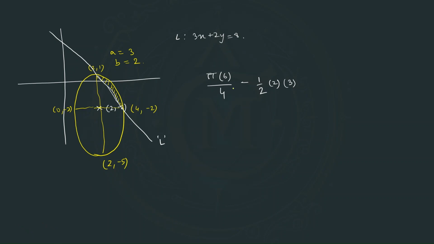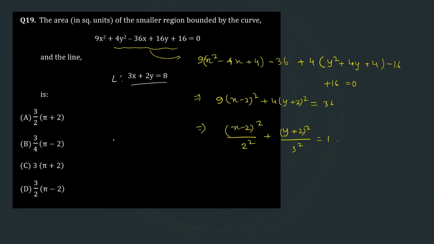So 3 pi by 2 minus 3. So this will be 3/2 times pi minus 2. That is the area of the smaller region bounded by these curves. So option D will be the correct option for this question.